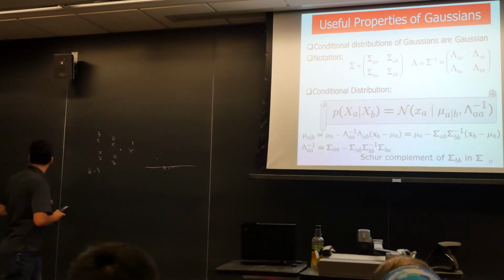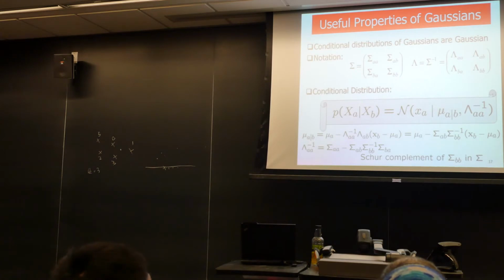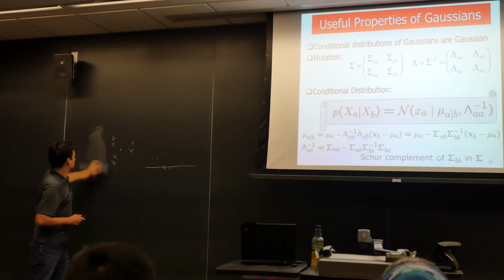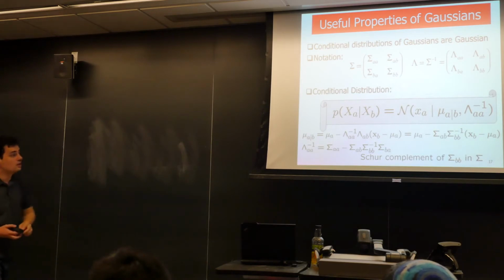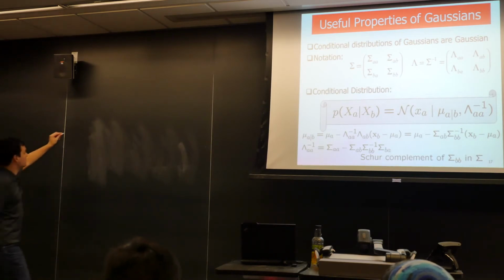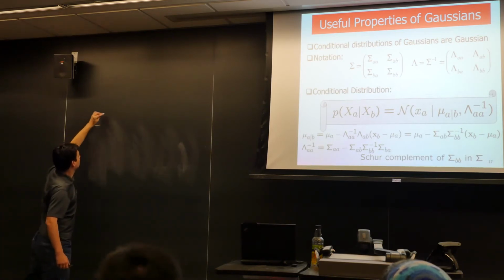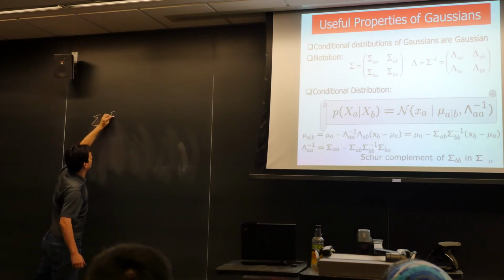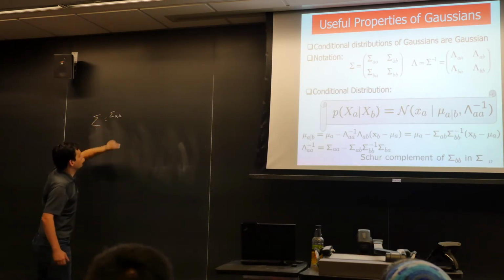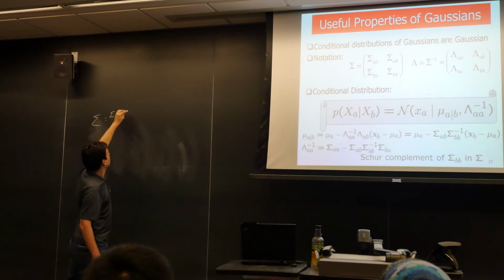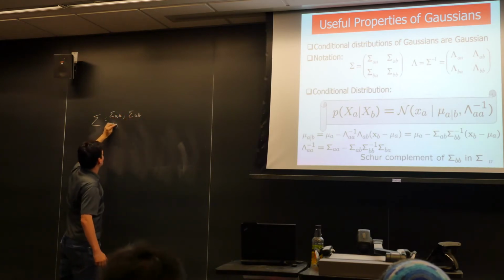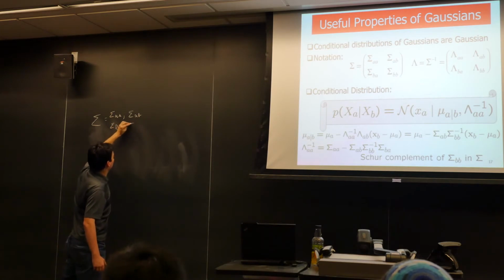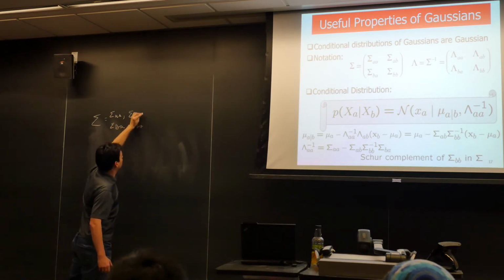We will use these a lot today. So I have a covariance matrix sigma, which is sigma AA, sigma AB, sigma BA, sigma BB.